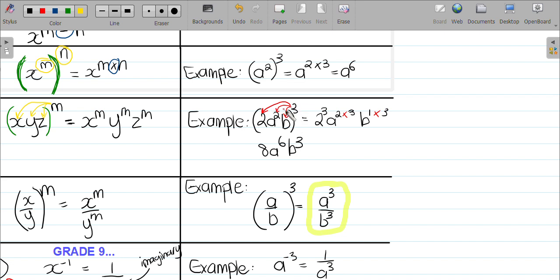So I drew these 3 red arrows here to show that they each get affected. So let's start with the first thing. The 2 will be cubed, so the 2 will become cubed over there. Then we must apply the same rule over here. Please remember, guys, in maths, all the rules are almost like they are related in some way or another.